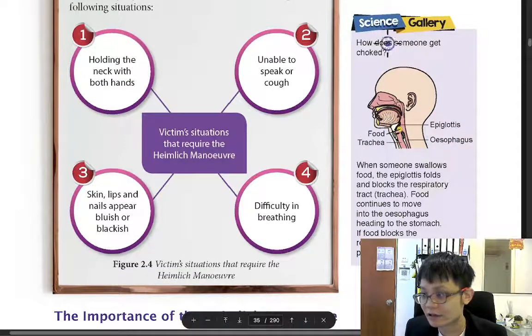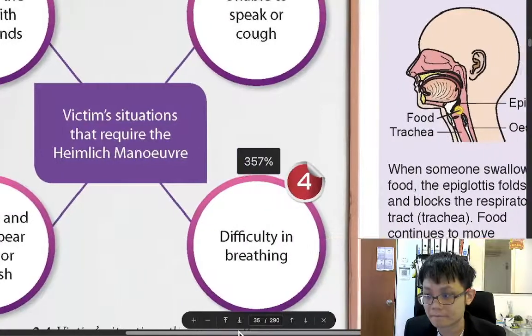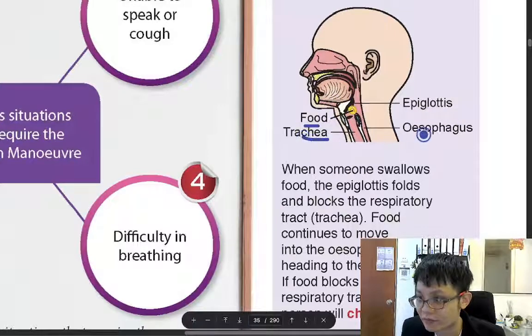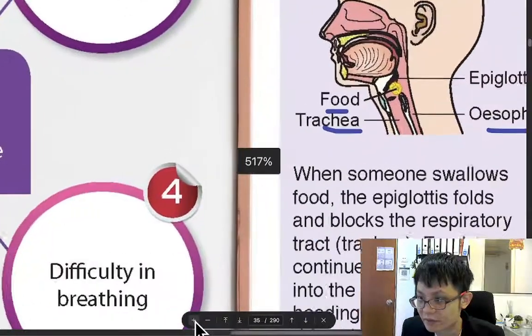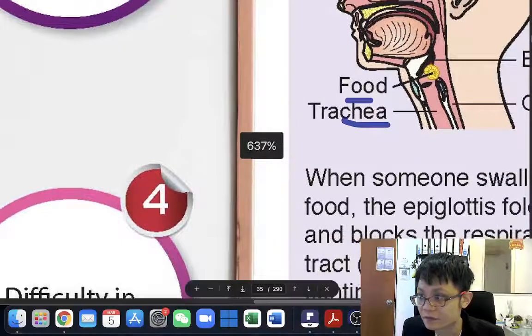So how does someone get choked? Let me zoom in a little bit. We can see here the epiglottis. This is the food, this is the trachea for breathing, and this is the esophagus.